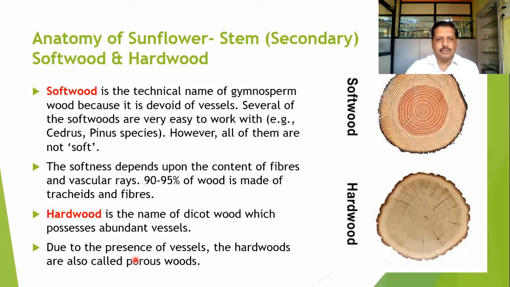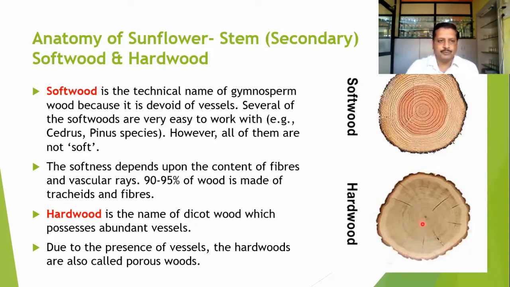So it is actually not soft, but it is workable wood. The softness depends on the contents of the fibers and the vascular rays. 90 to 95% of wood is made up of the tracheids and fibers, and because of that it can be considered as a softwood. In softwood you can find that these annual rings are more prominent.